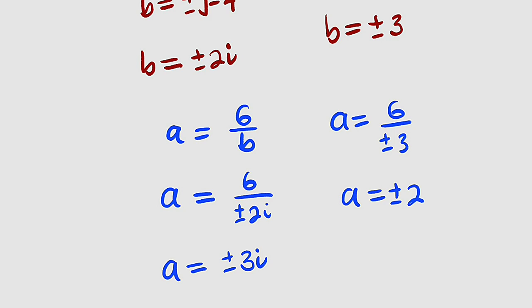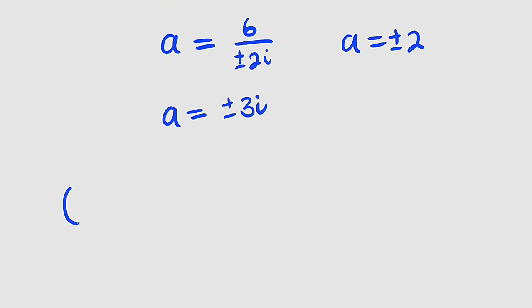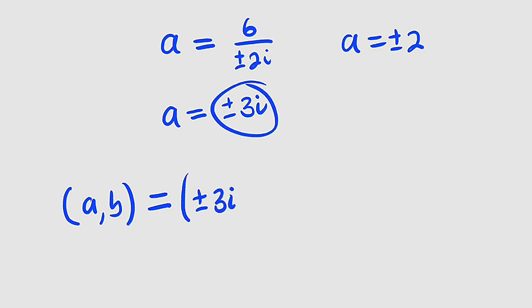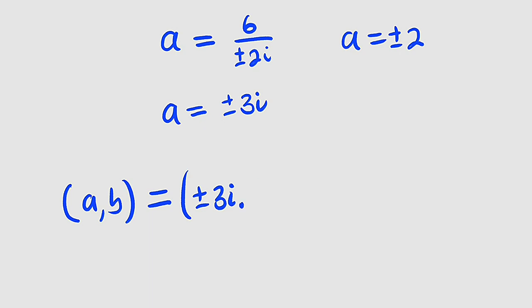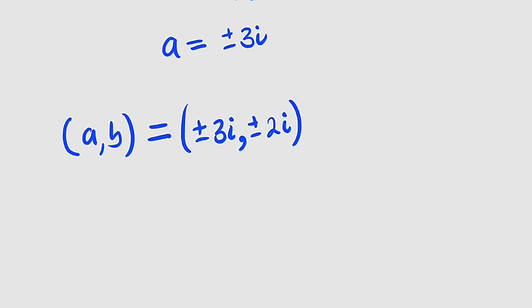So let's group them together. The first a's and b's, we have them to be plus or minus 3i from this one. Then the b, you can see it here as plus or minus 2i. This is the first group.